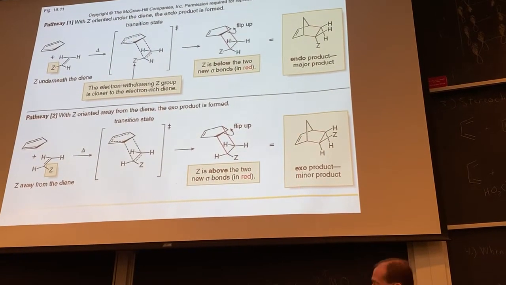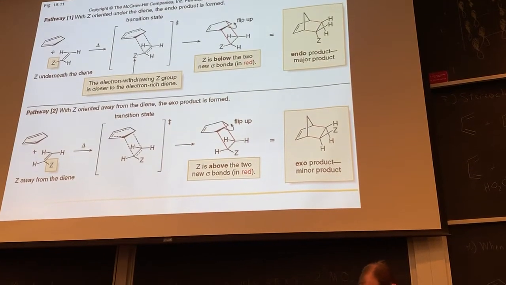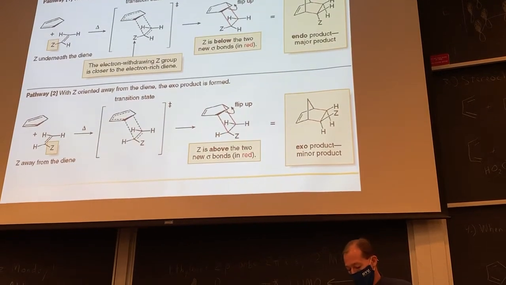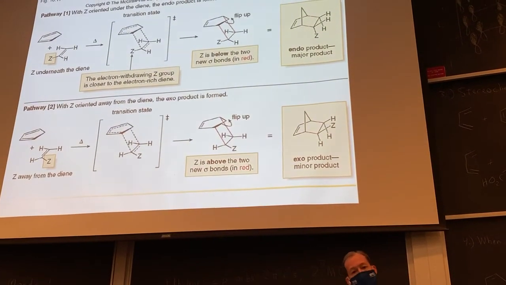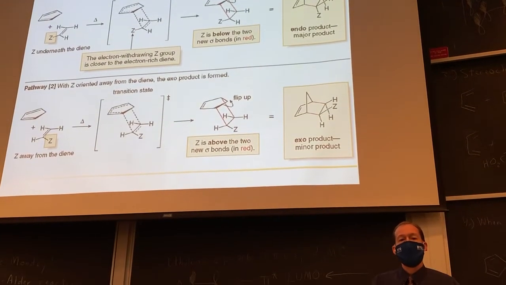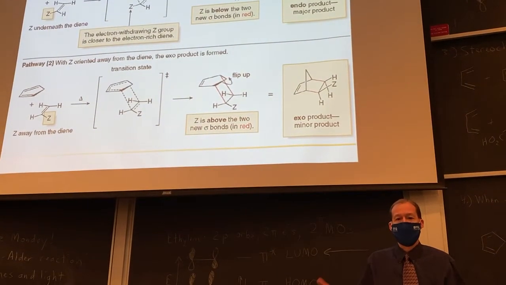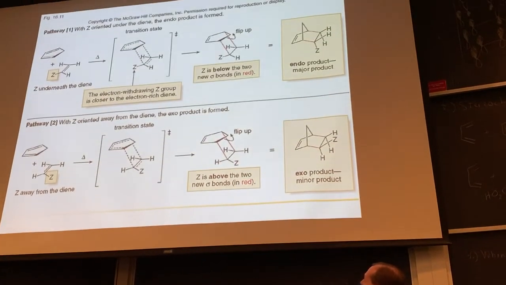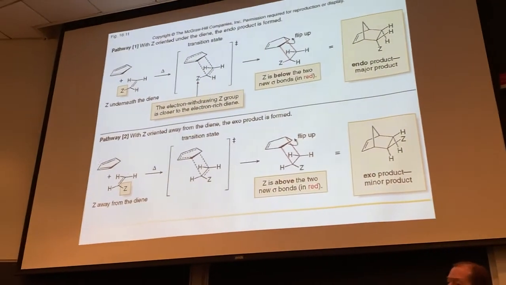But obviously that's not the case. So if we're going against what would be observed based on sterics, there must be some kind of electronic reason for that. Okay? And that reason is the Z group is an electron withdrawing group.